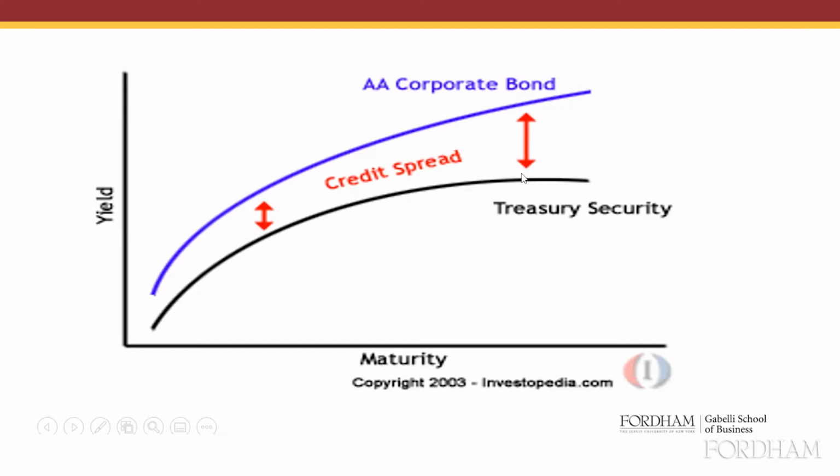Because if I am holding a treasury bond here and I am thinking of selling my treasury bond to buy a corporate bond of similar maturity, I need to be paid an extra spread because I am giving up good credit for something that has higher credit risk. Right? So in times of crisis, this spread would widen because investors need to be compensated for the greater risk they are taking.